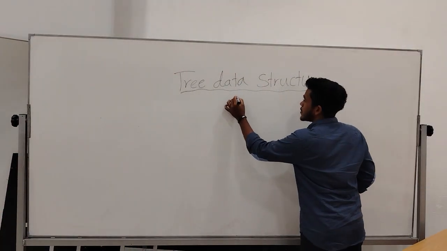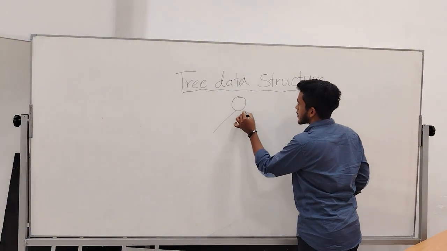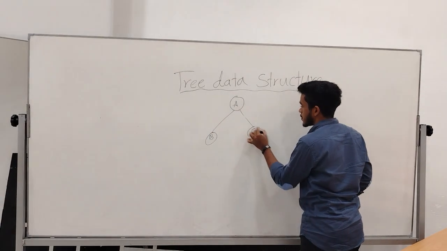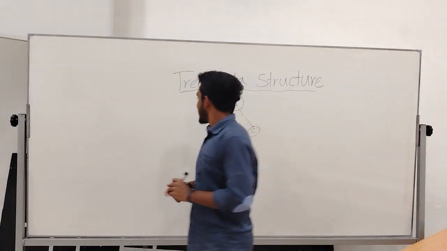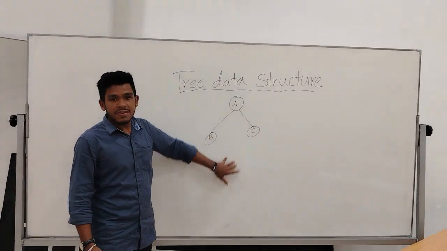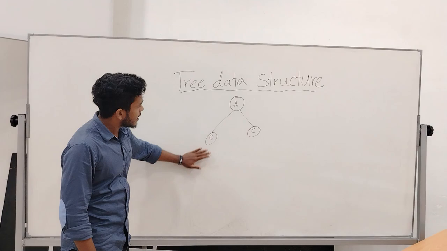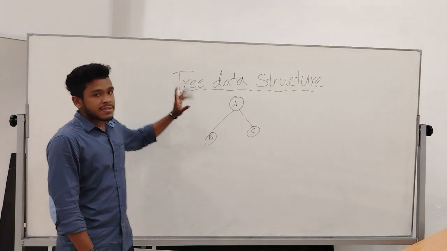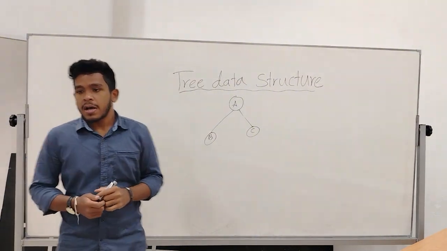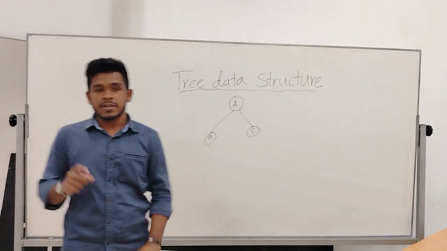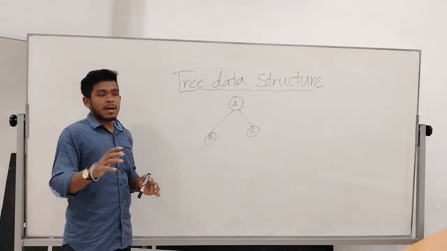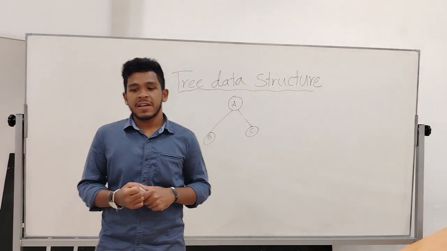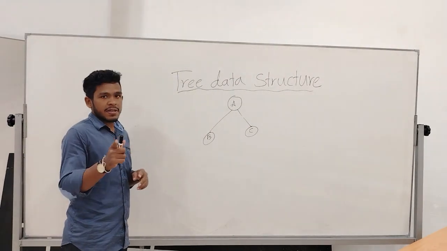So basically a tree looks like trees in a hierarchical manner. So basically the tree data structure is used in various applications such as file handling, databases, compiling applications, and some networking and AI applications.